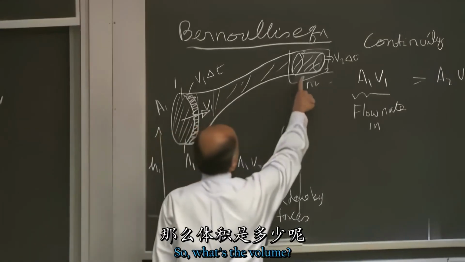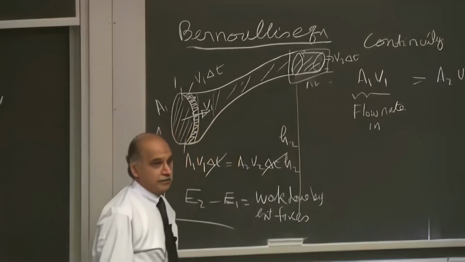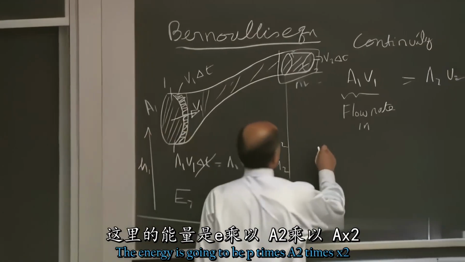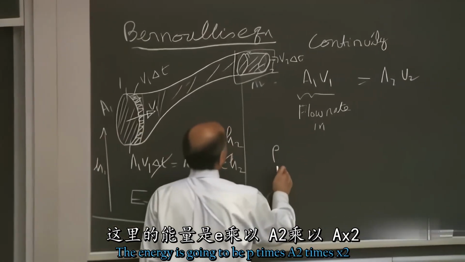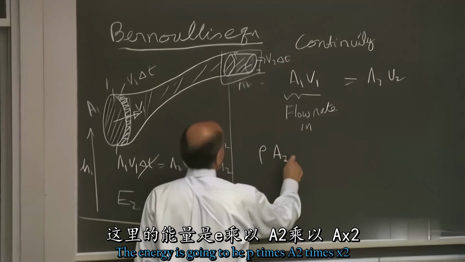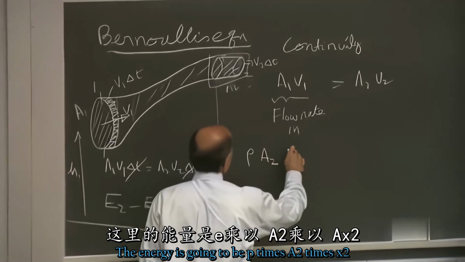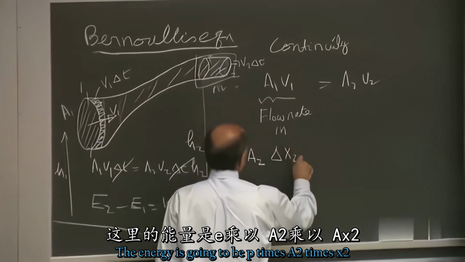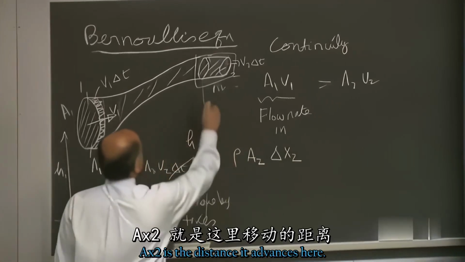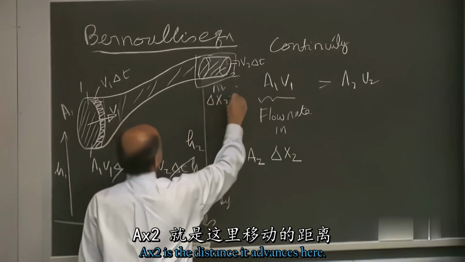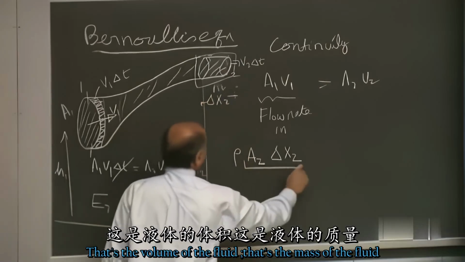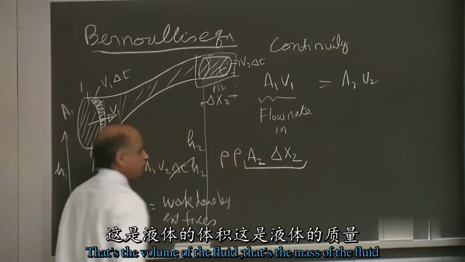So what's the energy of this region? Energy is going to be rho times A2 times delta x2. Delta x2 is the distance it advances here. That's the volume of the fluid. That's the mass of the fluid.